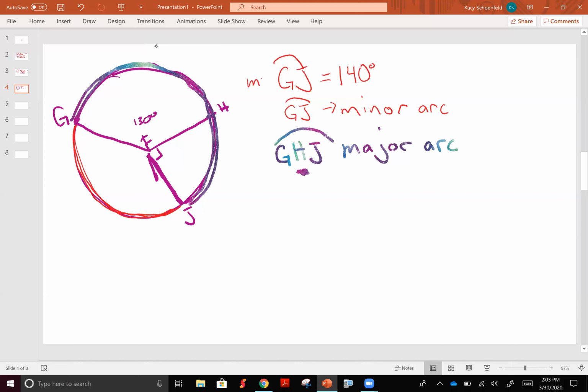Okay, I could also do semicircles. We don't have any semicircles here. A semicircle is going to have 180 degrees, and it would be on a different picture, something with a line straight across.